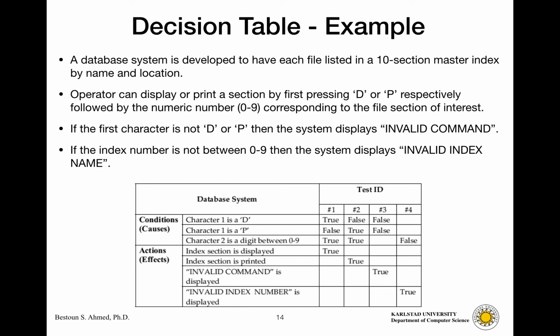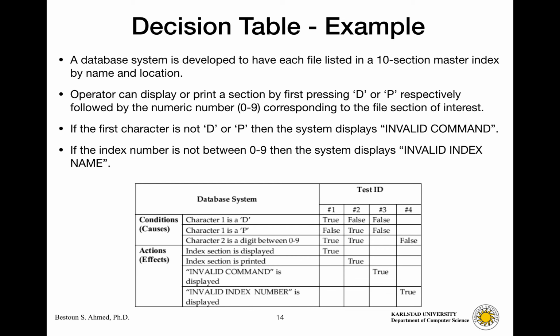It will print or display the value in that index. Now you can see in this decision table that when you press D, that is a cause. And what is the effect? The effect is display. So you have a set of inputs, which are the causes, and a set of outputs, which are the effects.